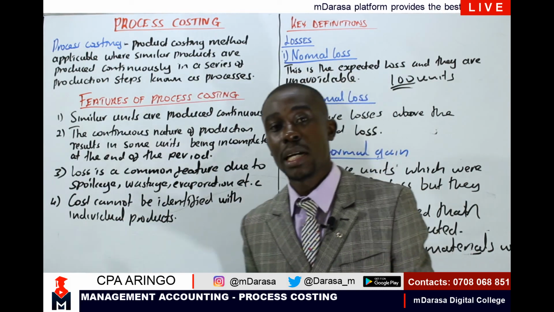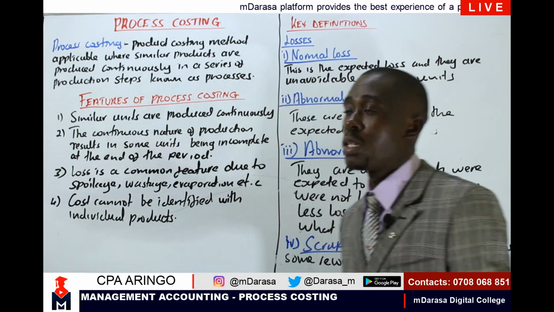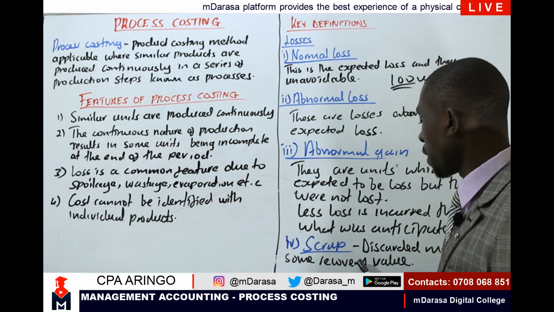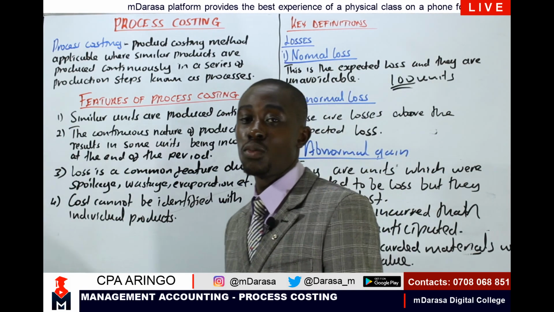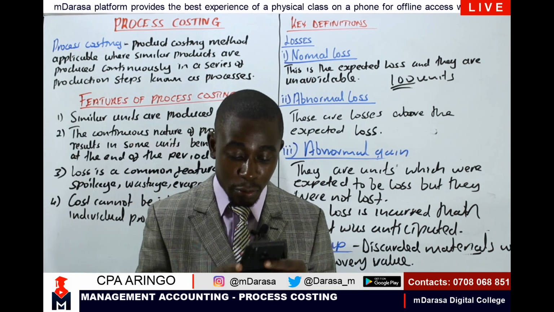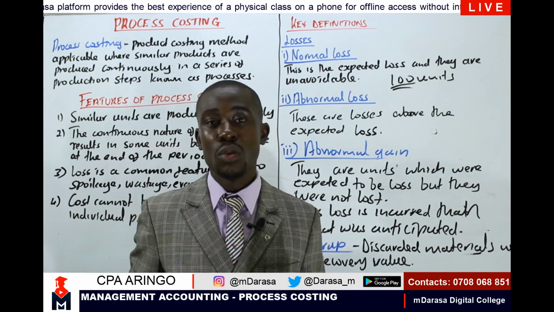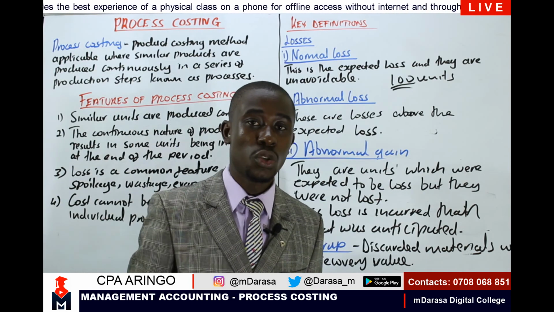It means also that at this point I can dispose the units discarded. And the value that you're going to earn after you dispose these units is what you're going to term as scrap value. So after looking at these key definitions, later on we'll be talking of elements like equivalent units.